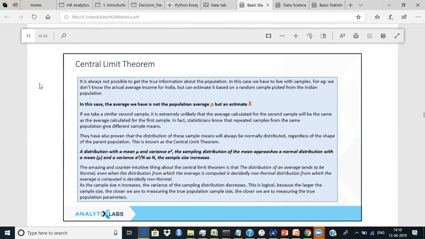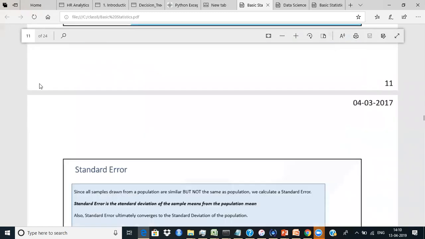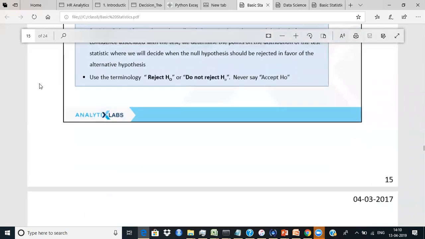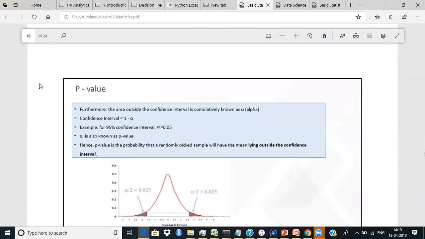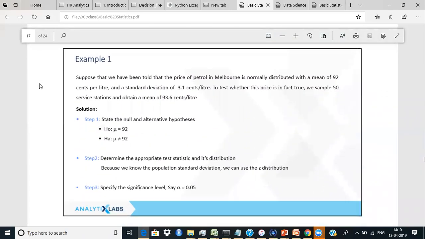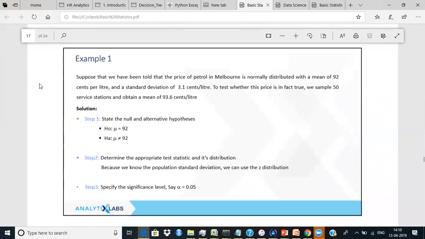Okay, sir. On page 17, example 1. Now, sir, in this question, I think we did it in class as well. But this question says the normal distribution has a mean of 92 and a standard deviation of 3.1.